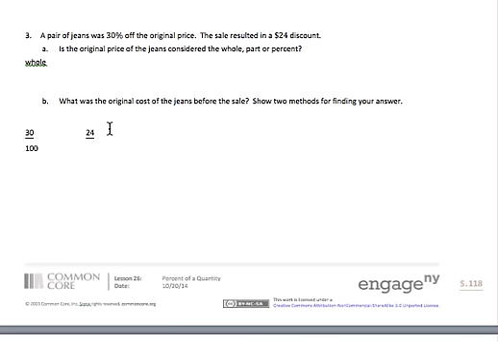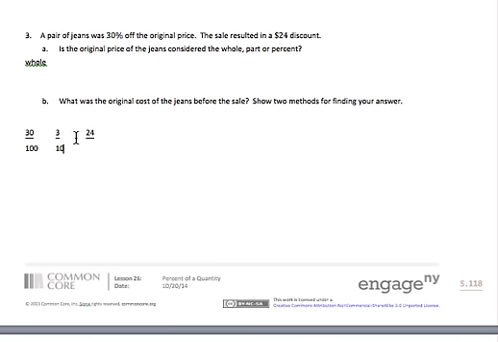Looking at 30 and 24, we can see that they do not easily divide with each other. But we also know that 30 100ths can be simplified to 3/10. So we'll make it 3/10.